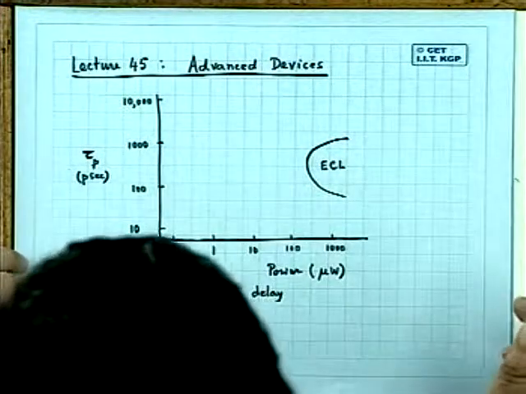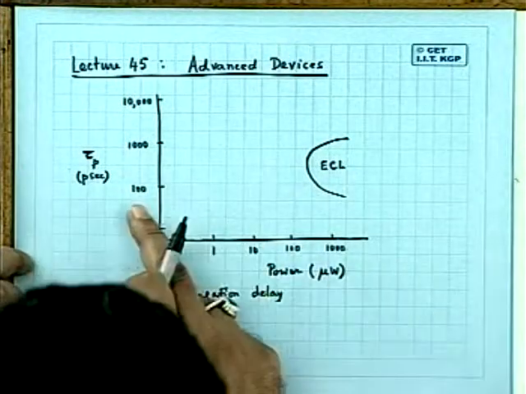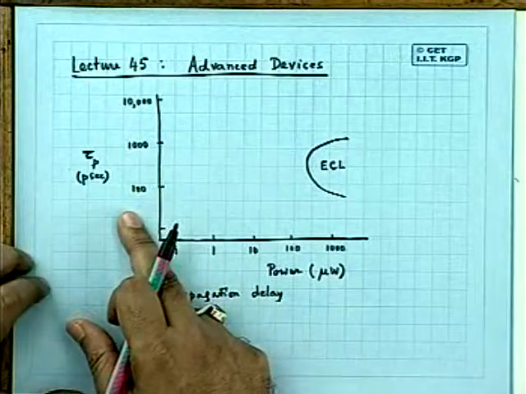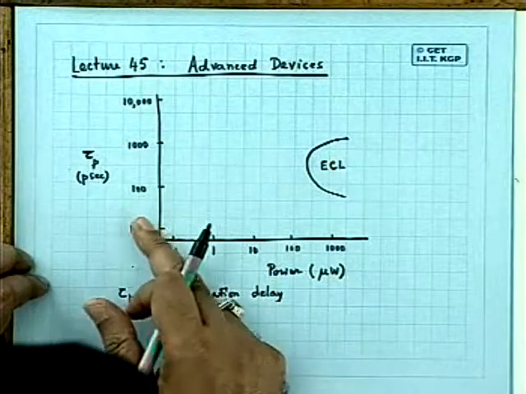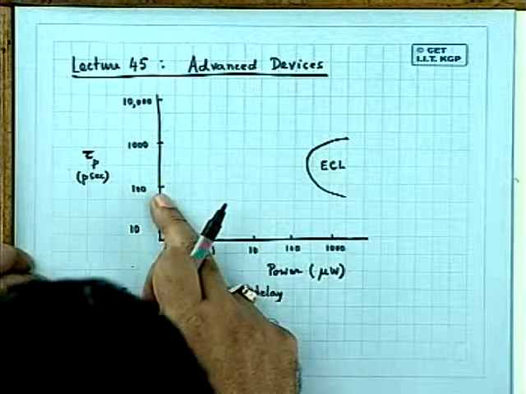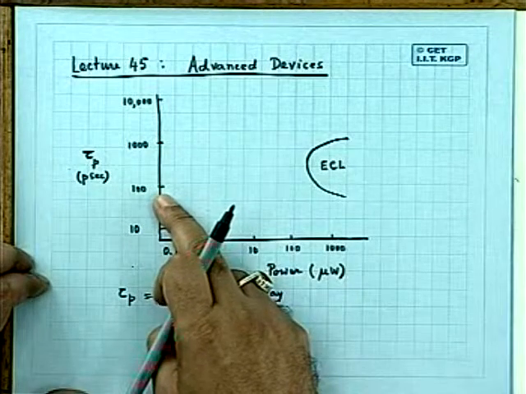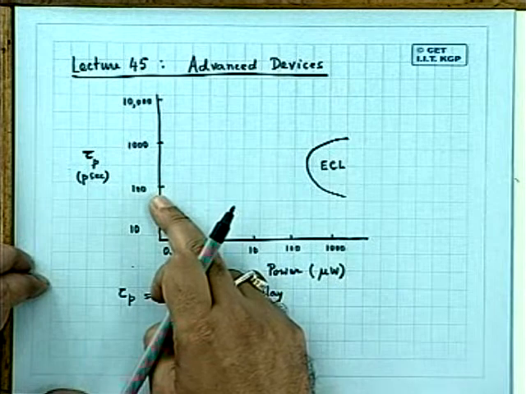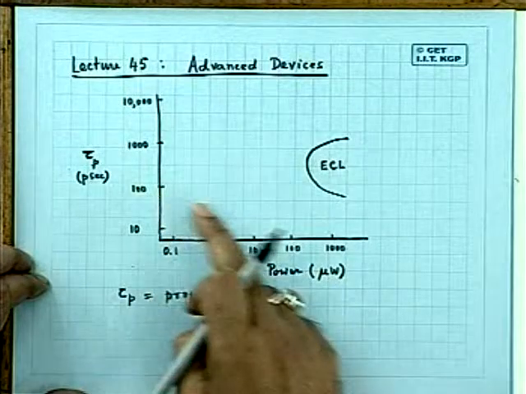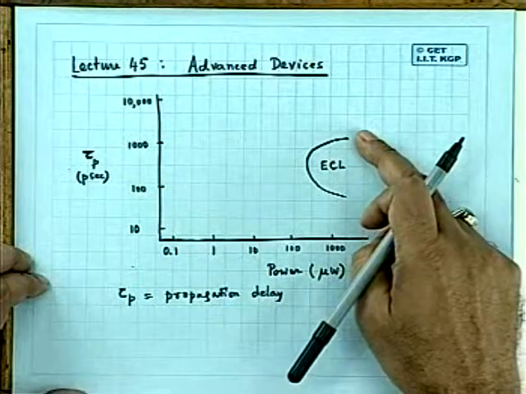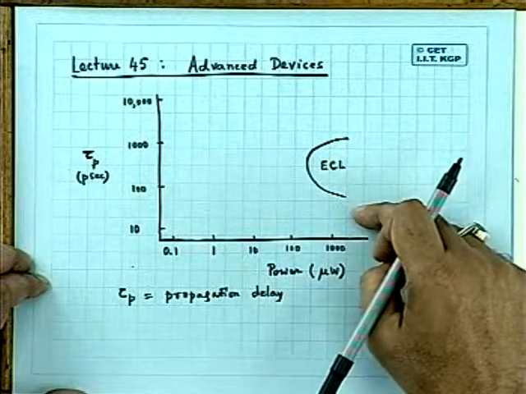You see that it is characterized by a very low propagation delay, which is going down towards fractions of a nanosecond. This is 1 nanosecond, and this is 0.1 nanosecond or 100 picoseconds. It is typically in the range of a few nanoseconds to sub-nanosecond, okay?